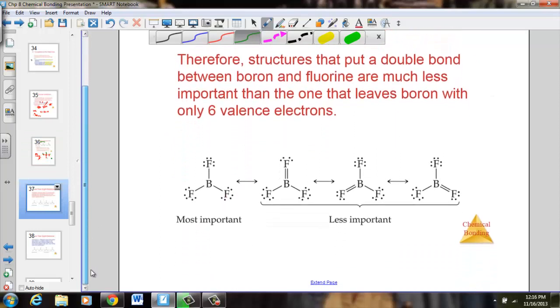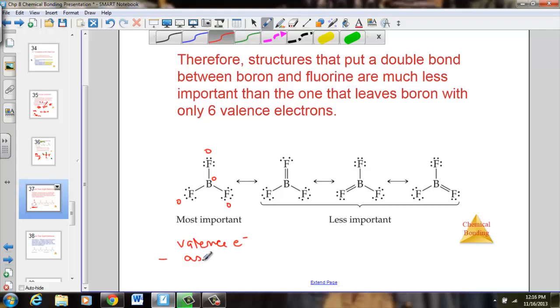In this slide, we see the most important structure here with all of the formal charges at 0, just as we had drawn. 3 minus 3 gave us 0. 7 minus 7. Remember our formal charge calculation? Valence electrons. What group does it live in?